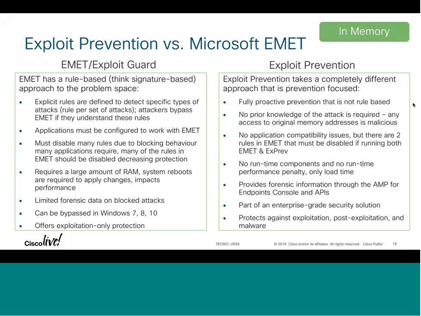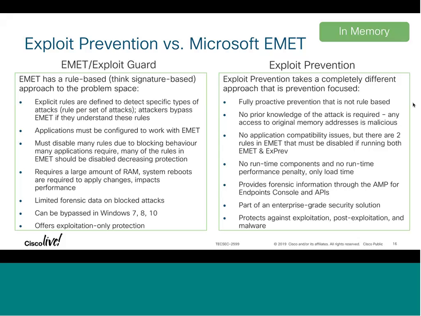Like, for example, with EAF, or Export Address Table Access Filtering rule, you have a mechanism that is actually looking for shellcode that is trying to look up addresses of certain modules in the memory that could allow an attacker to execute certain API calls that are useful for downloading files, injecting into other processes, allocating memory, doing anything malicious.